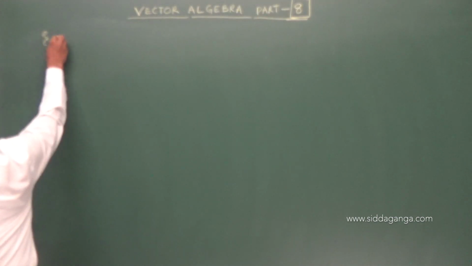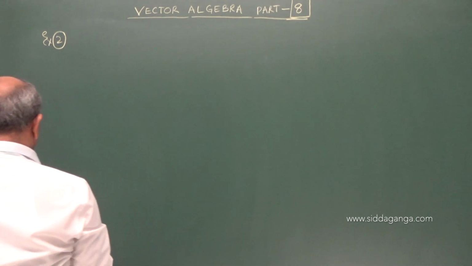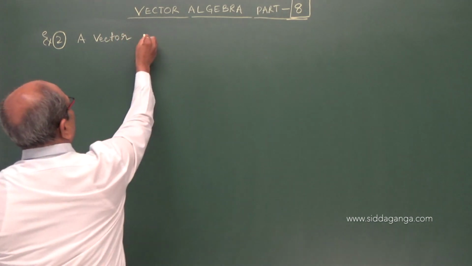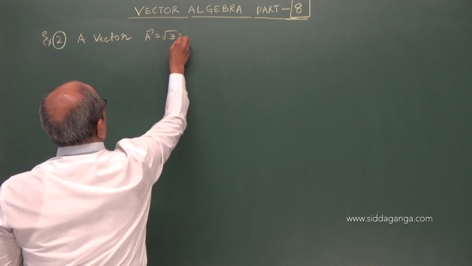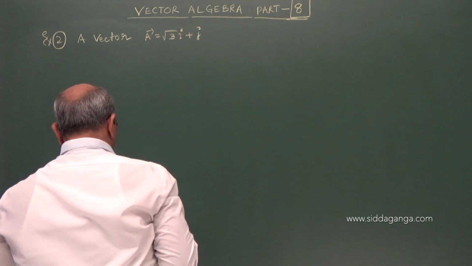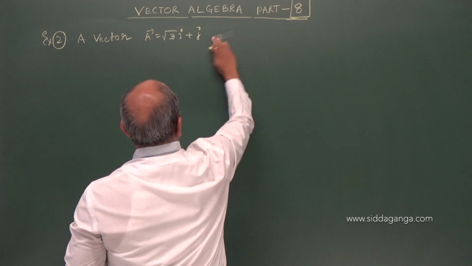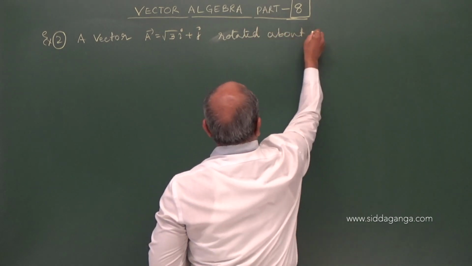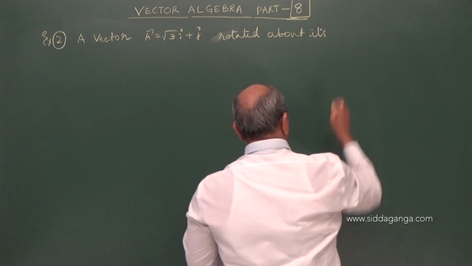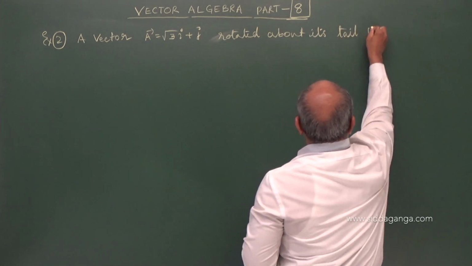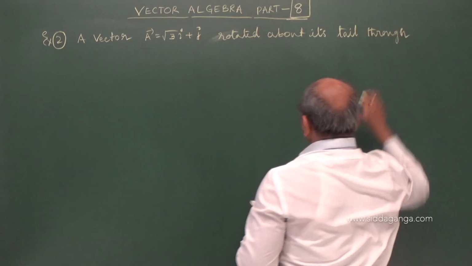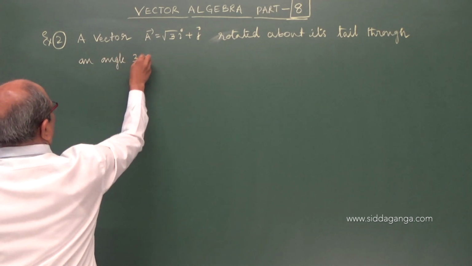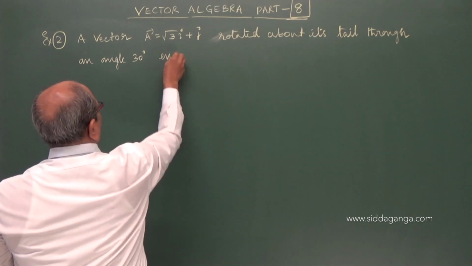Let us take example 2. A vector A equal to root 3 i plus j is rotated about its tail through an angle of 30 degree in a clockwise direction.